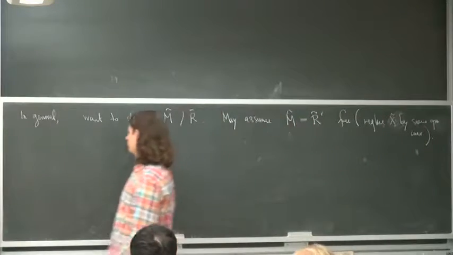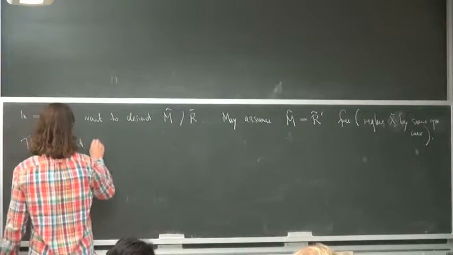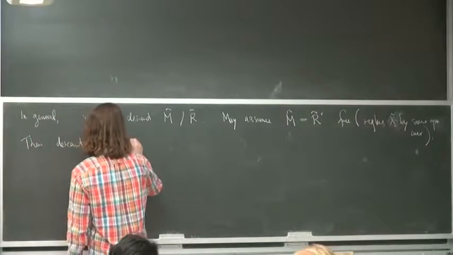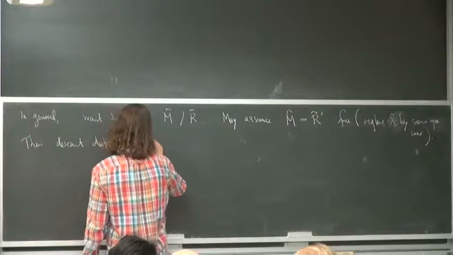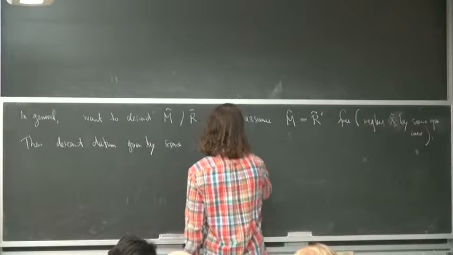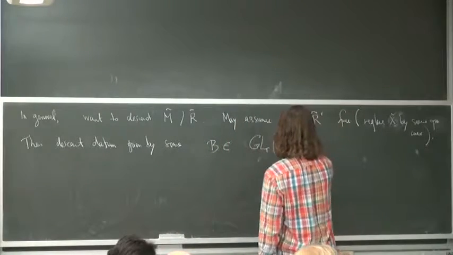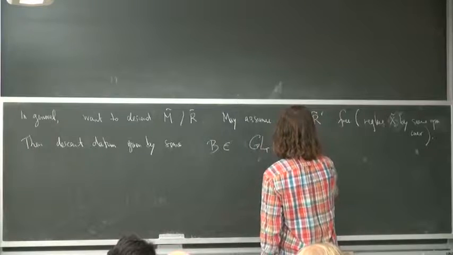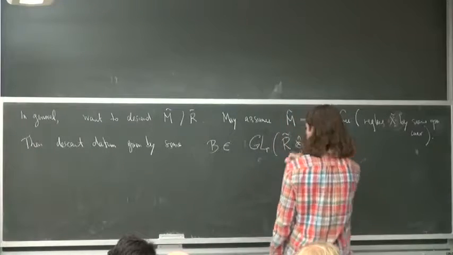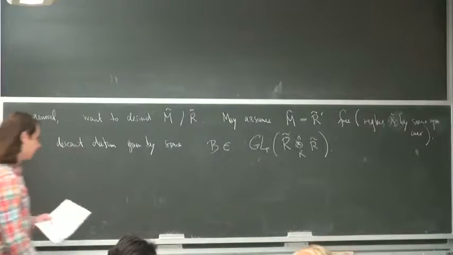And so then the descent datum is given by some matrix B over the fiber product, so over R tilde completed tensor product with R tilde, which satisfies some relation. So it's classical.